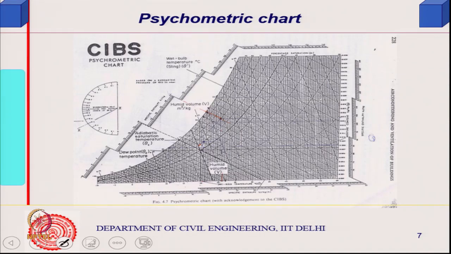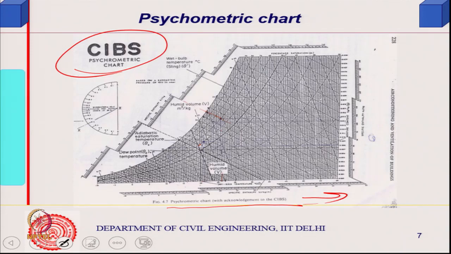In a psychrometric chart, on this side I have what is called dry bulb temperature. This is taken from the Chartered Institution of Building Services Engineers. They have the most elaborate one. You find this in SP 41 and you also find plenty of it open source on the net.